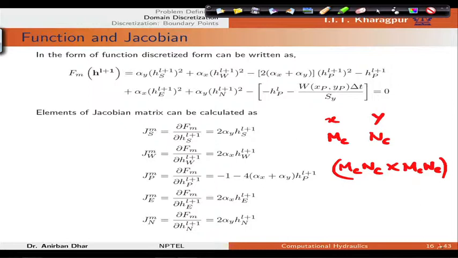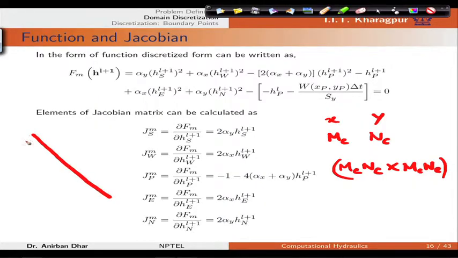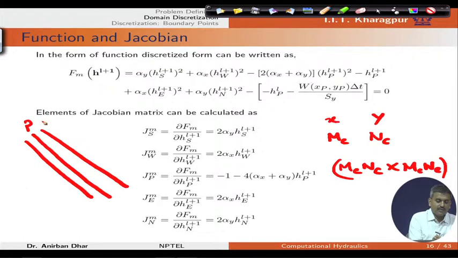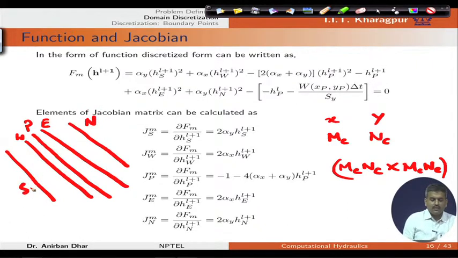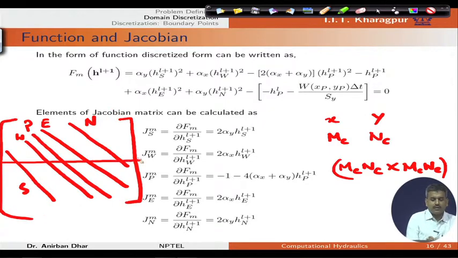So, obviously, no other term will be associated with the central point or point P. So, we will get this P, and the other ones on the right hand side, which is eastern one, this is western, and this is our northern, this is southern. So, like this we will get the terms for interior points.